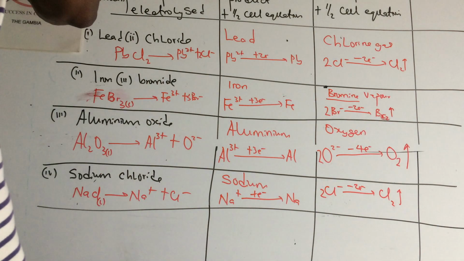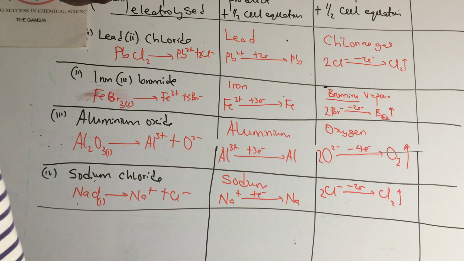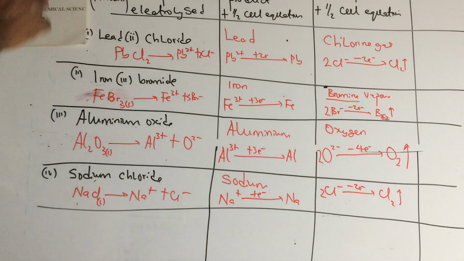So let's look at the general trend now. You've seen that from top to bottom, from lead(II) chloride, iron(III) bromide, aluminium oxide, and sodium chloride, there's a pattern.